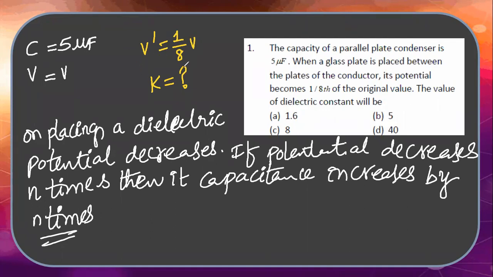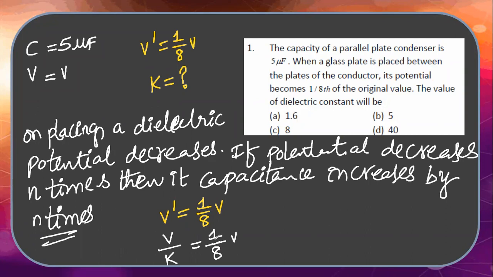So V dash is equal to 1 by 8 times of V. Whenever the dielectric is placed, the potential will become 1 by K times.